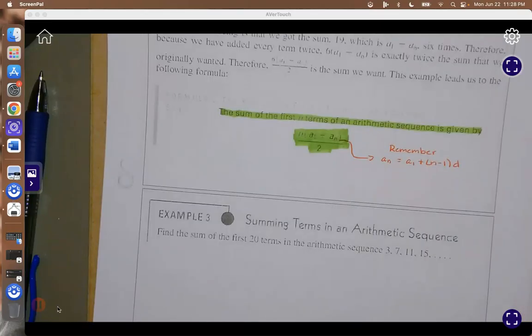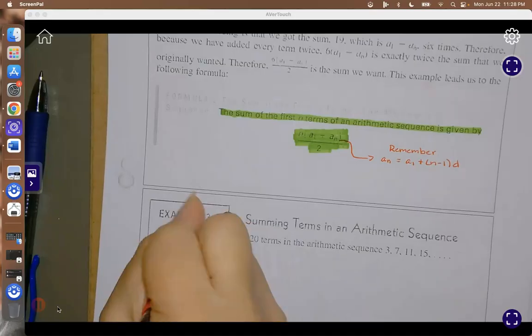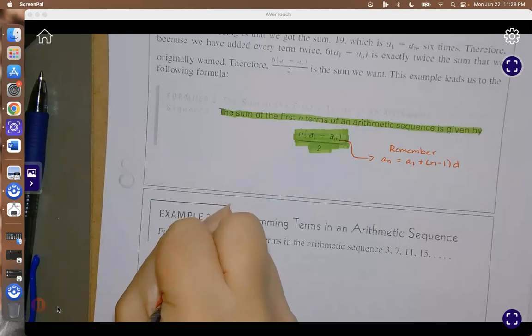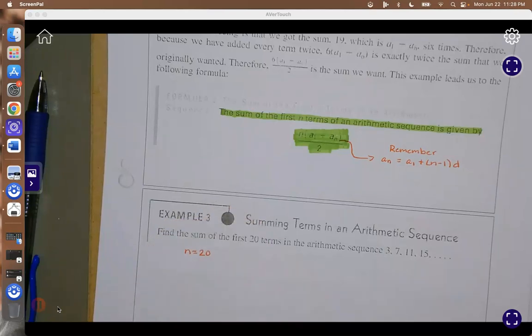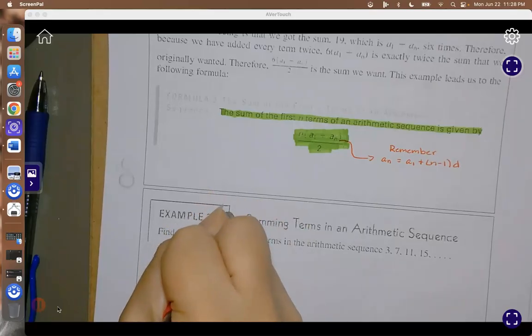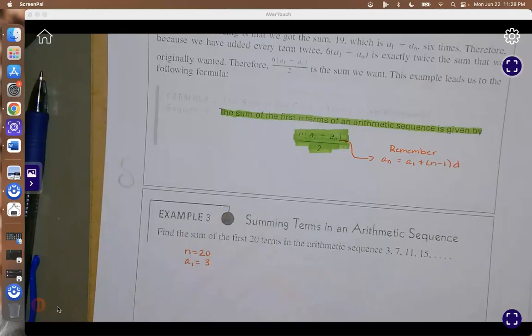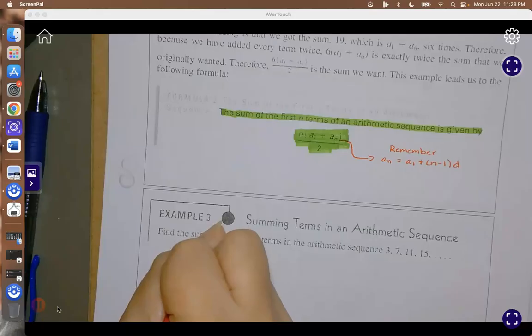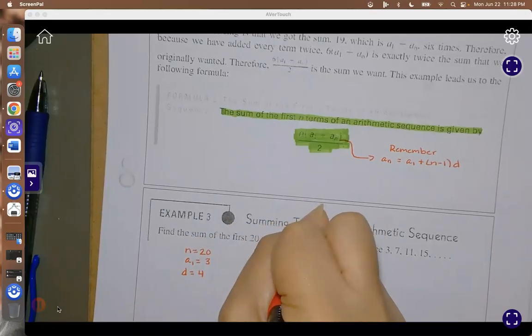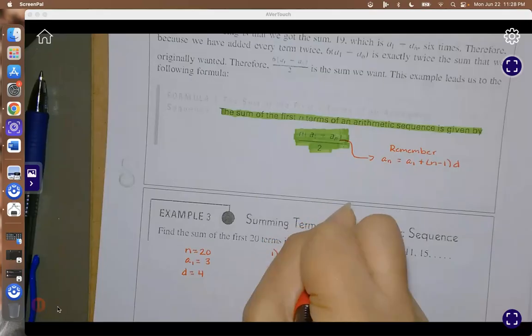Okay, so we're going to find the sum of the first 20 terms. So n is 20. In the arithmetic sequence of 3, so that's our first term, 7, 11, 15. And we found this one earlier that the common difference was 4. So step 1 is we need to find the 20th term.